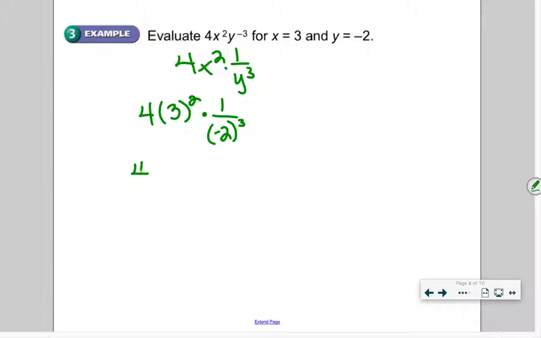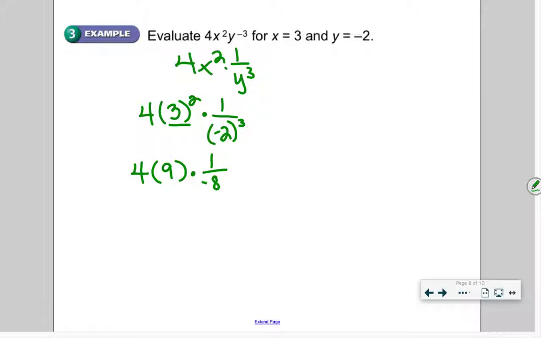So I'm not going to do anything with 4 yet. What is 3 squared? 9. 1 over, and I can do a multiplication sign here too. What is -2 times -2 times -2? -8.